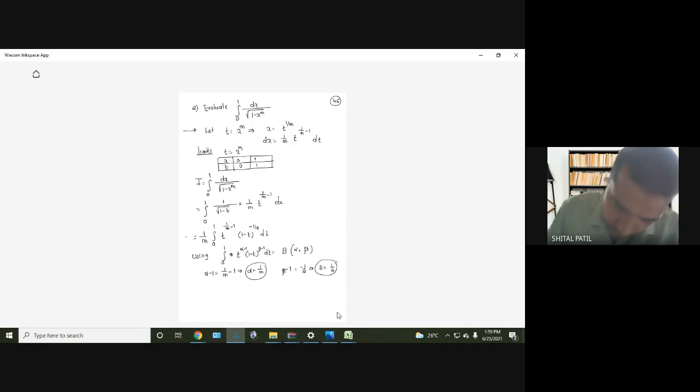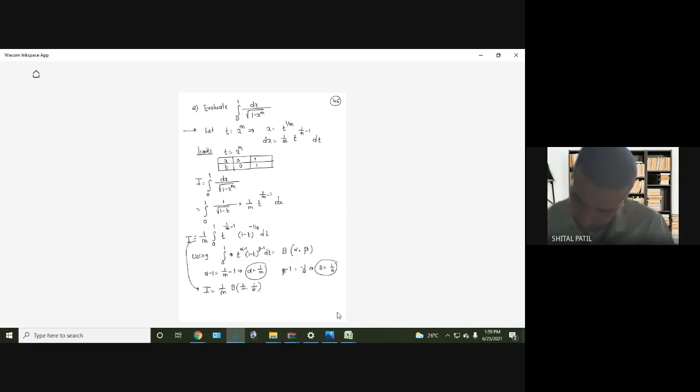So the answer is, you can keep it as it is, and if you want, you can simplify it in terms of gamma function. It depends upon how the option is given.